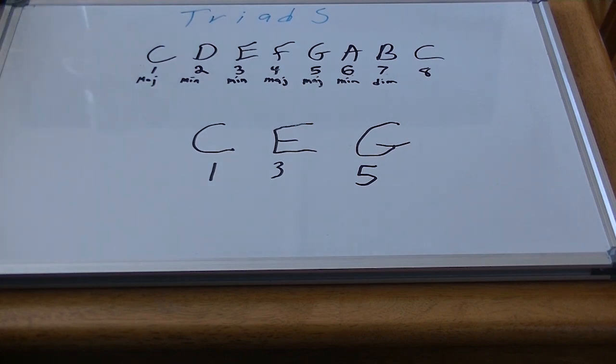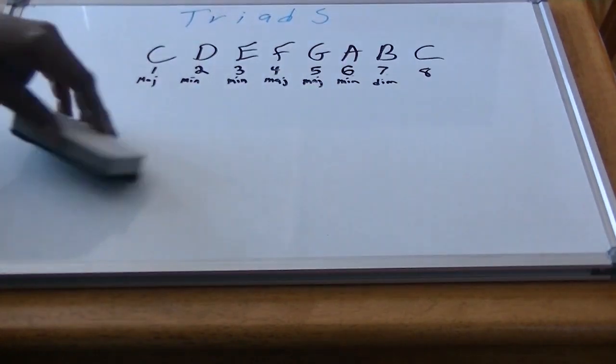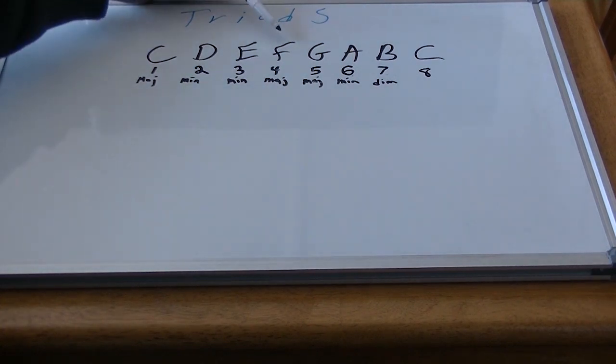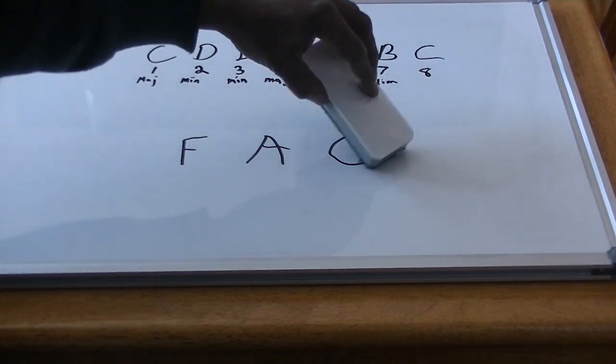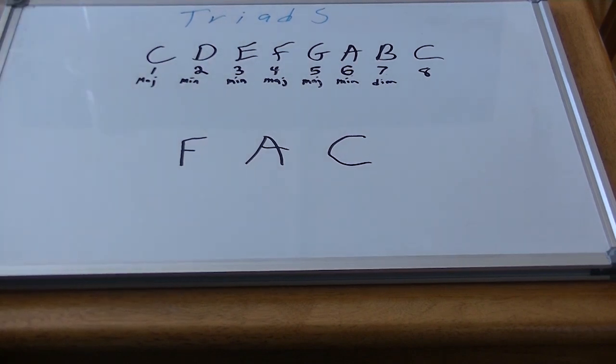So now let's look at another major chord. Let's look at the F major chord. For anyone who doesn't know the notes of the chord, we can derive the chord. We start with the F. As I stated at the beginning, chords are derived from the root note's parent major scale.